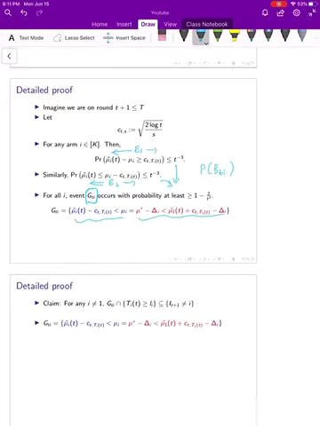So this one is E1 complement, right? Yeah, let me just verify.